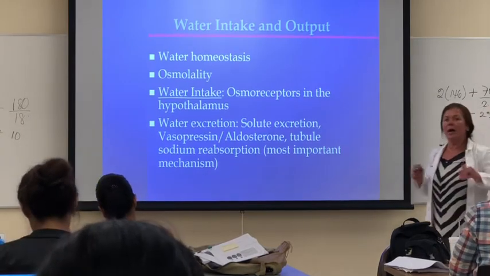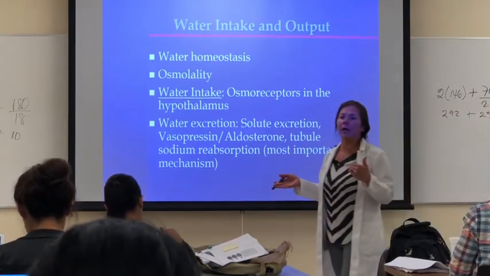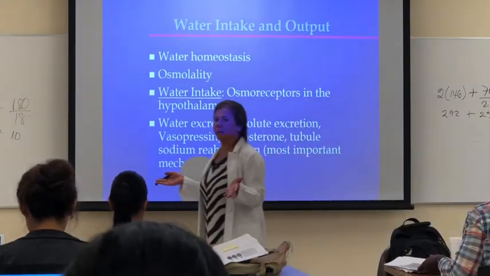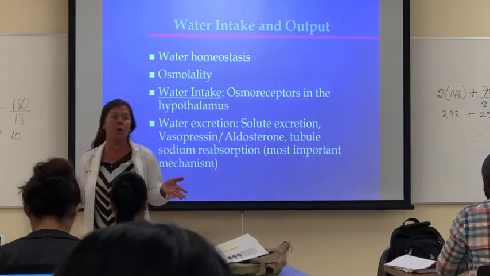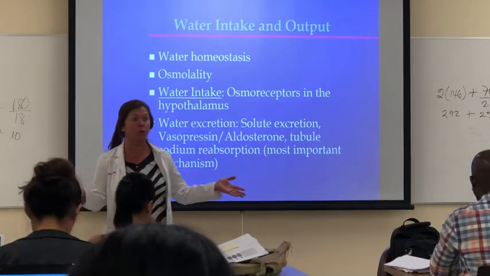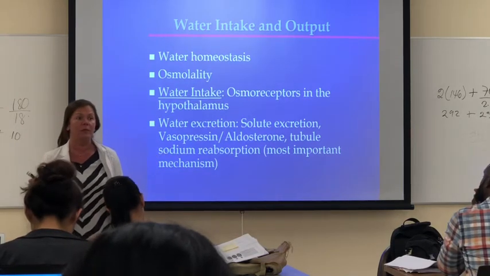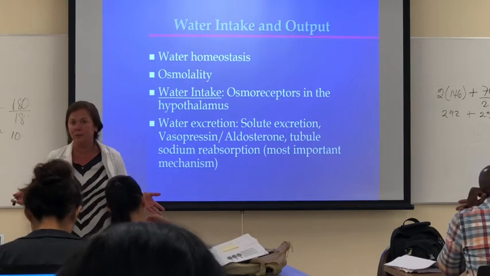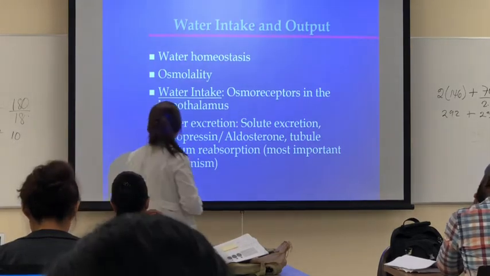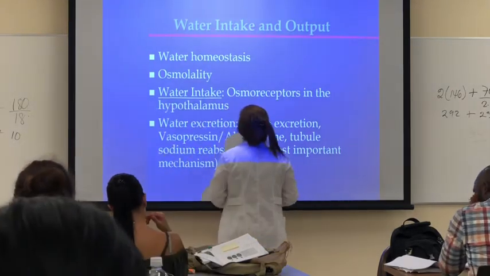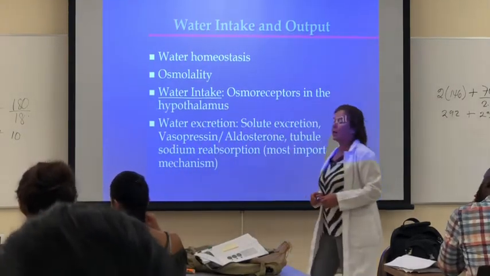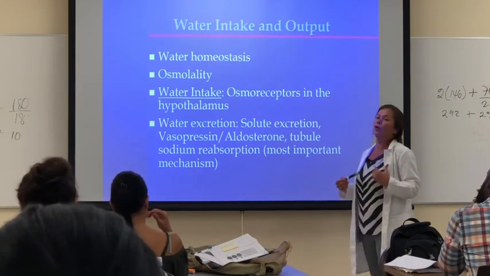Now, how do we get water and lose water? Okay, so first of all, we get water not only by drinking hypotonic water, from the faucet or your bottles, but in addition to that, through the food. We have a percentage of water in the food, okay? In addition to that, how do we lose water?